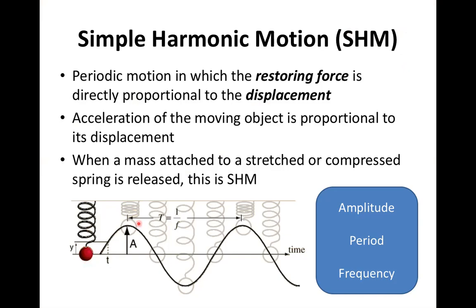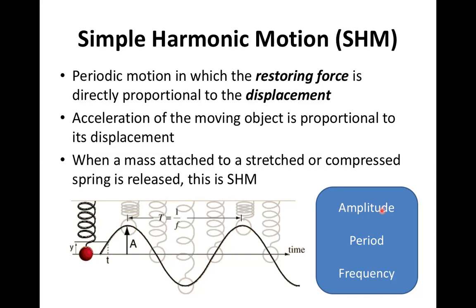If we compress the object and then let go, the end of the spring will go back to equilibrium and it will overshoot and stretch, and then it will want to go back to equilibrium, but then it will overshoot and compress. This repeated compressing and stretching happens at regular time intervals in simple harmonic motion.